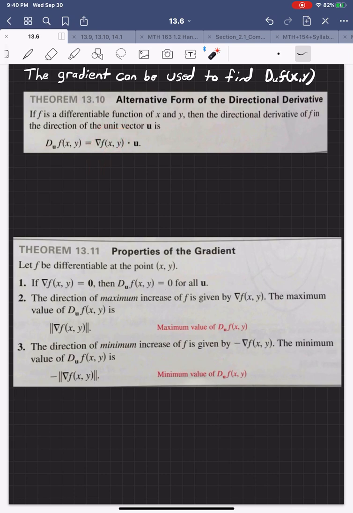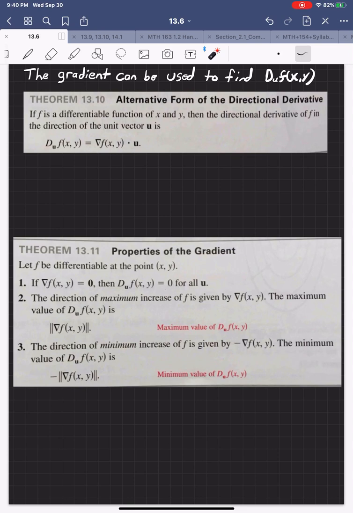Well, if your gradient is equal to 0, then your directional derivative is equal to 0, and that's true no matter what direction you choose for u. Doesn't that make sense? If you dot product u with a 0 vector, don't you get 0? So of course, if the gradient is 0, the directional derivative is 0.